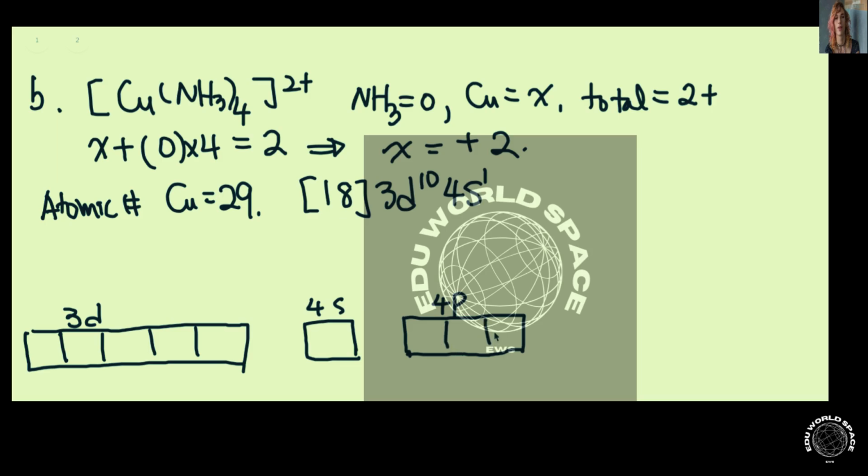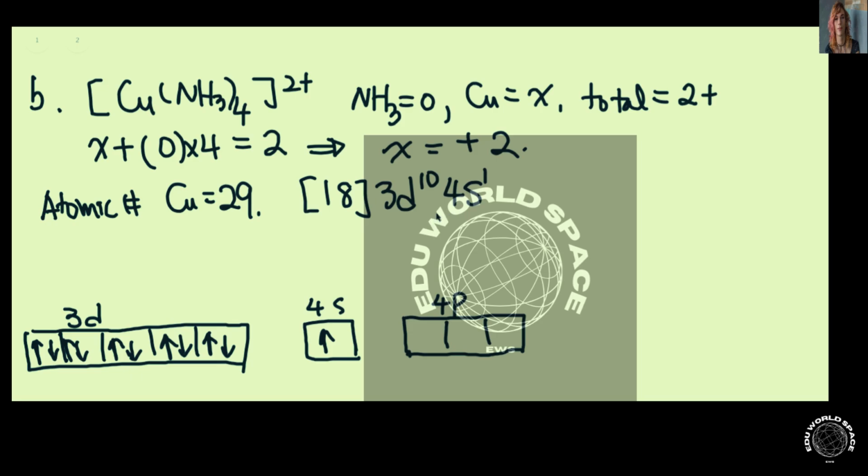There are 10 electrons in 3d, and 1 electron in the 4s orbital.